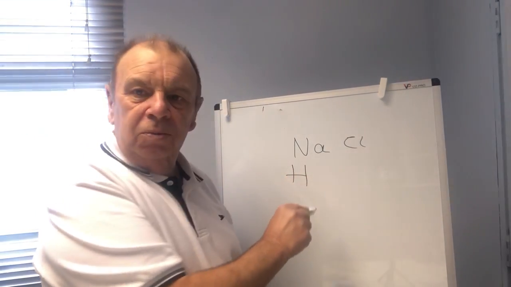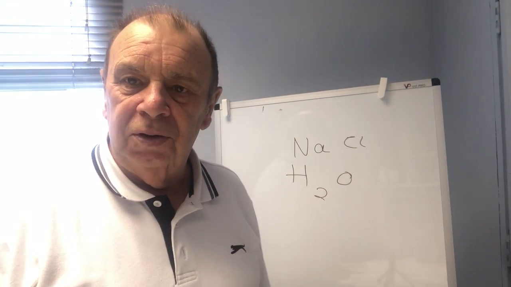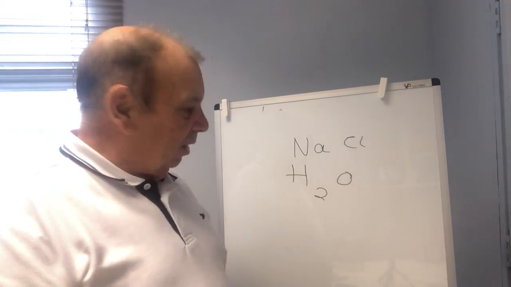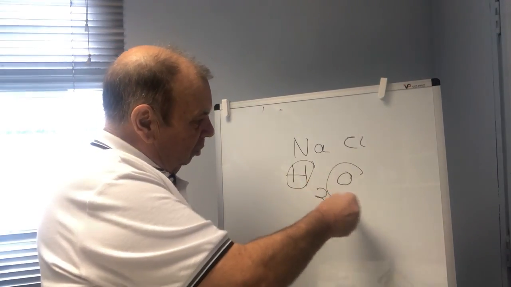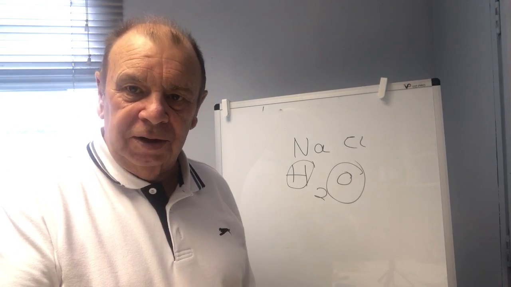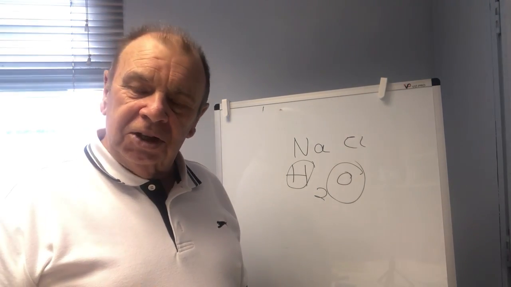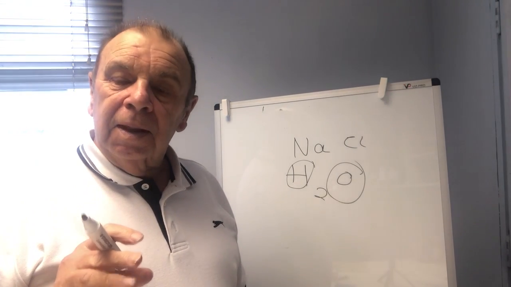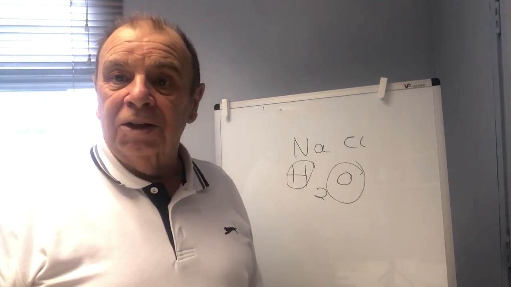I'll be going into more about these formulas. H2O, the wet stuff, water. What it consists of, you can see, is atoms of hydrogen and atoms of oxygen. I'll be doing a bit more on formulas and equations in a later module, but for the time being, compounds are formed when two or more atoms combine together.